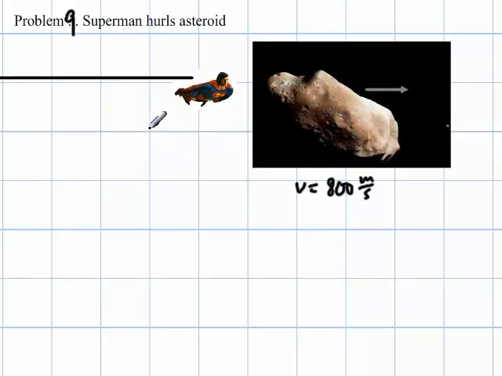Again, I like to attach numbers to it. So let's make Superman 100 kilograms, 220 pounds. You know, he's tall and muscular, which means that the asteroid has a mass of 100,000 kilograms, 1,000 times as much. We're supposed to figure out what the velocity is of Superman, and that should come out to negative something.